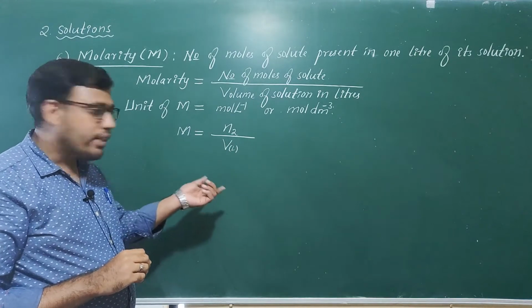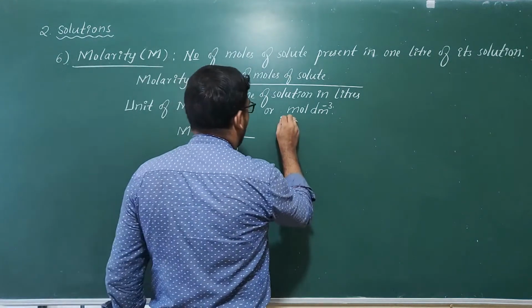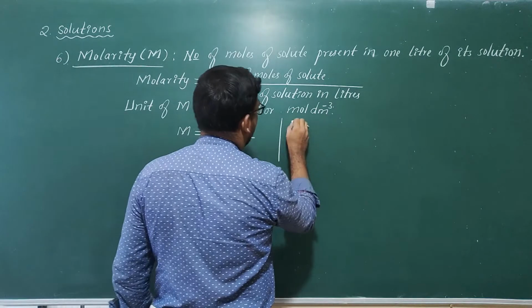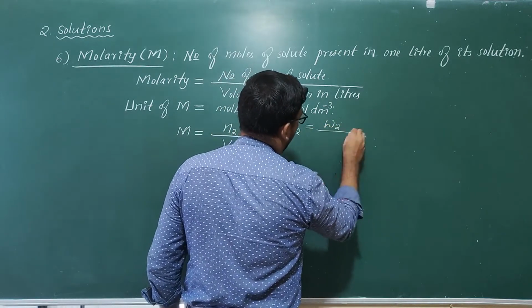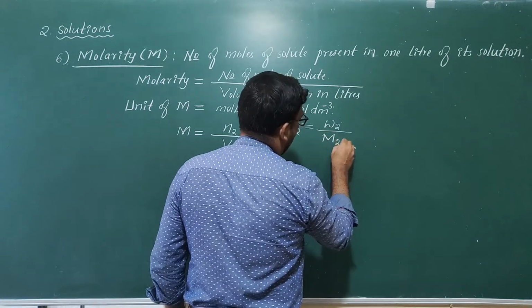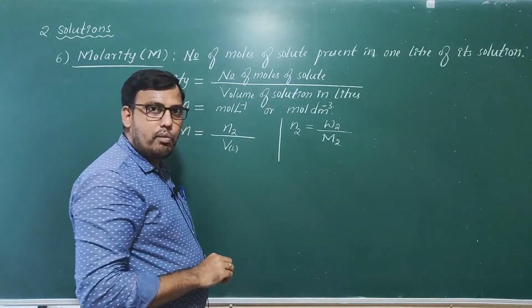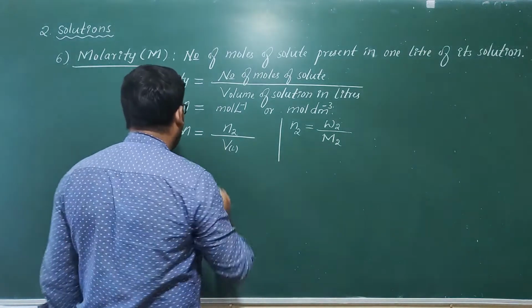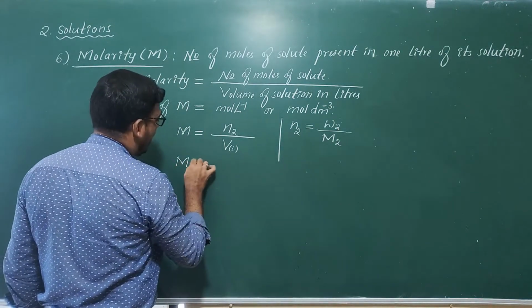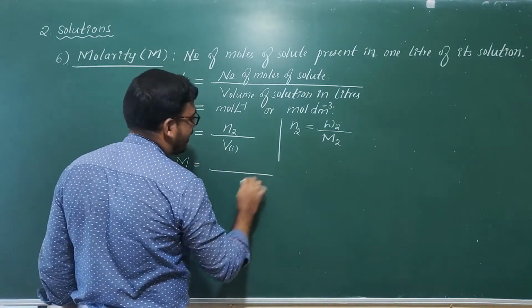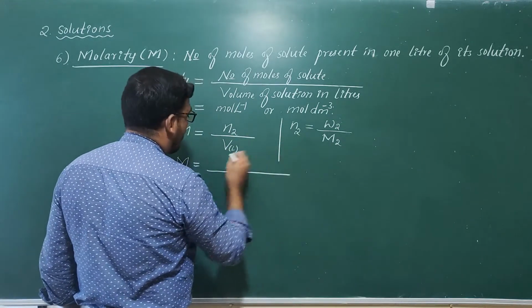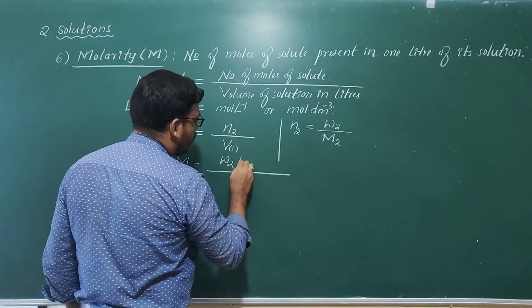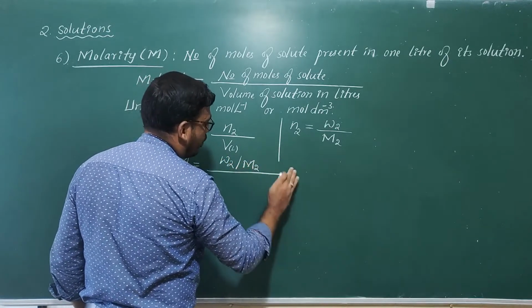Once again let us split it. What is N2? Number of moles of solute. How can we calculate it? N2 is equal to mass of solute divided by molar mass of solute, W2 divided by M2. So molarity can be expressed with N2 written as W2 divided by M2.